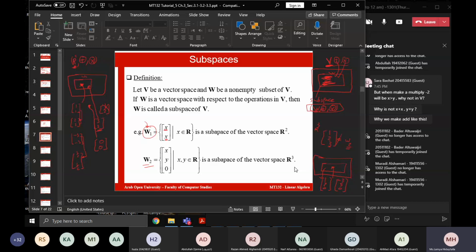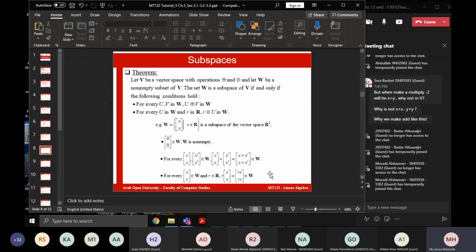Then he said, yes, this is a subspace of R3. For a subspace, all the 10 conditions, which are the standard way of addition and scalar multiplication, will be satisfied in this part. Now he gave you a theorem. To prove that it is a subspace, no need to prove all the 10 conditions.